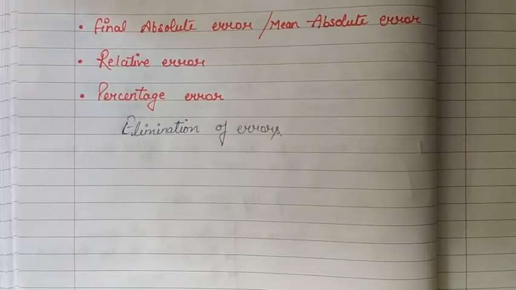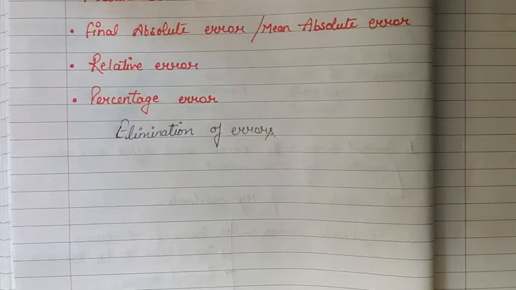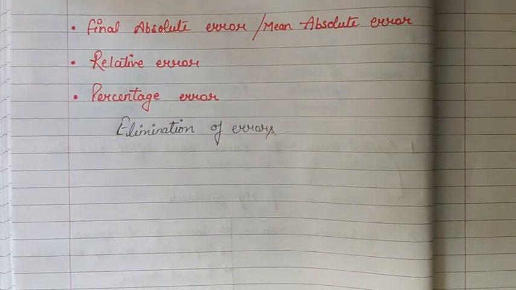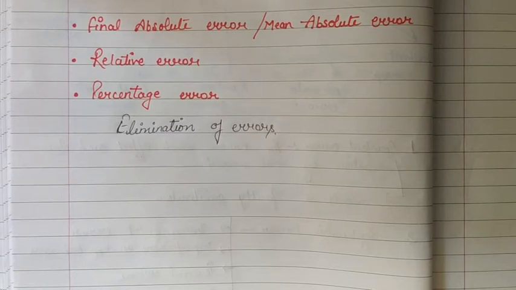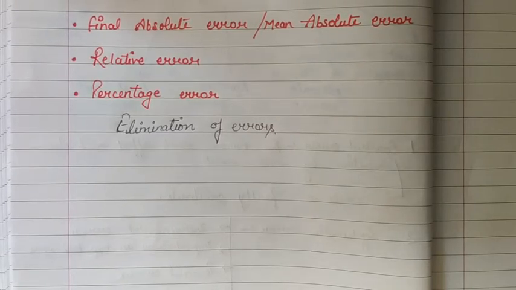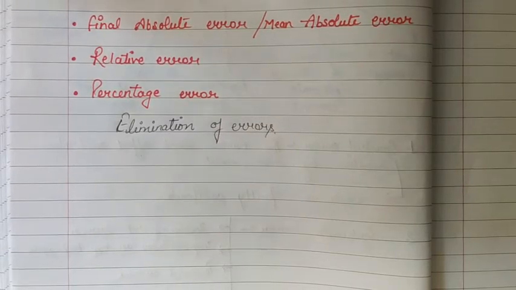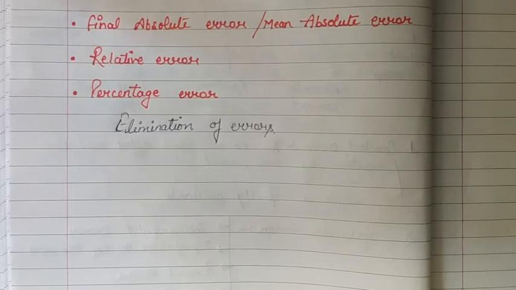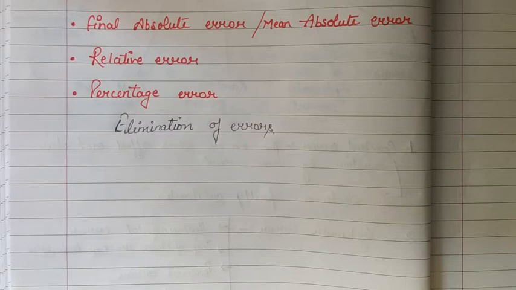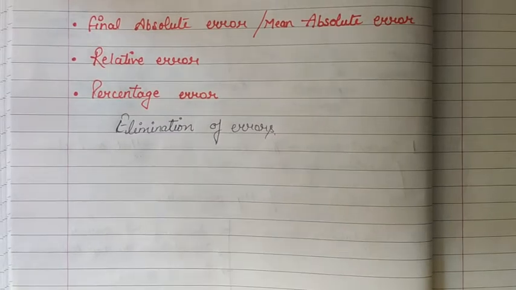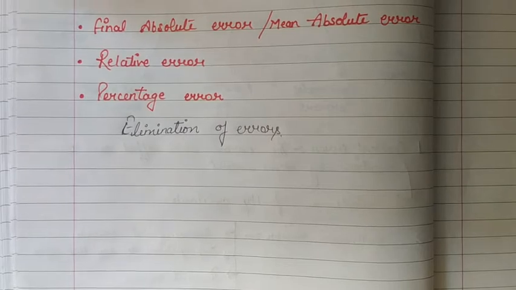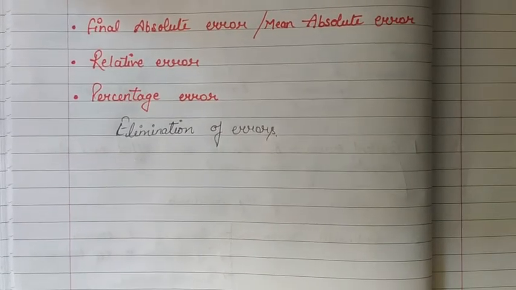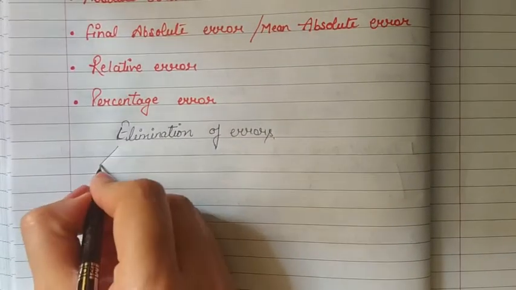So to minimize or to eliminate these errors, the process is to repeat measurement a large number of times, then take the arithmetic mean of all measurements and consider that arithmetic mean as the true value of the measured quantity. In that way we can minimize the errors in our measurement, or we can obtain the true value for that physical quantity.